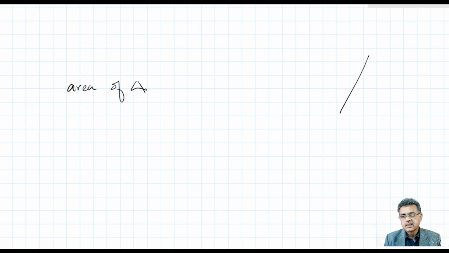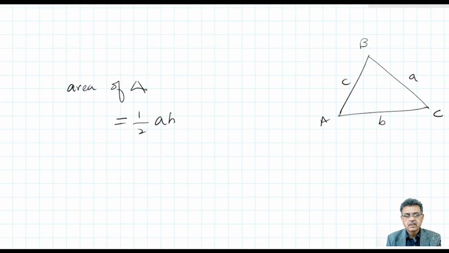If this is a triangle and the sides of this triangle are A, B and C, then area of triangle, you know, that is half AB sine C. That when you have sides A and B, then angle will be included between these two sides.